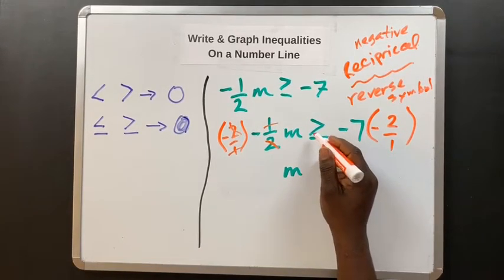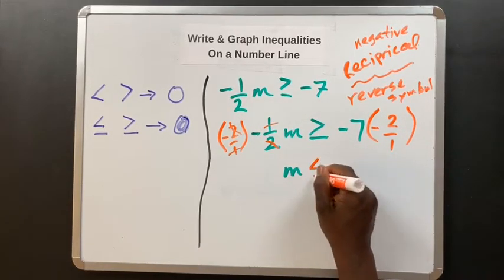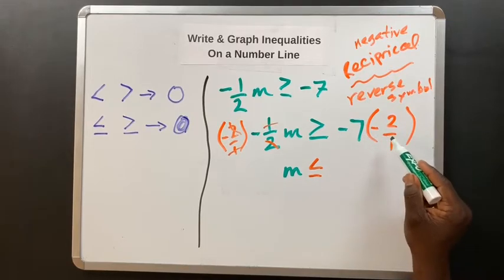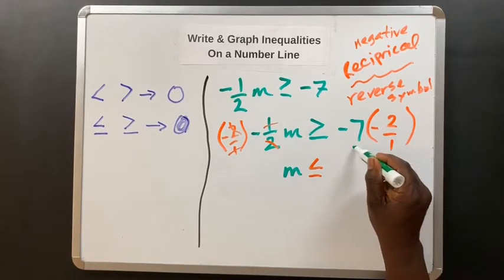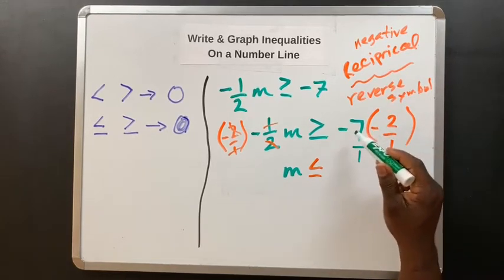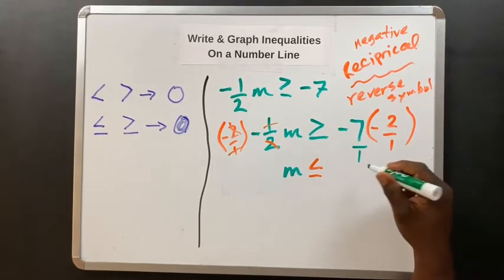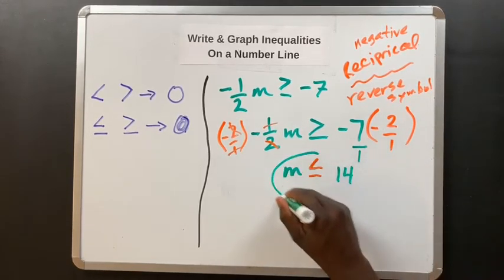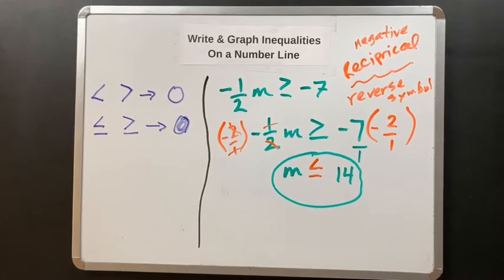So instead of writing greater than or equal to, I'm going to write less than or equal to. Less than or equal to, negative times a negative is a positive. Let's write that as a fraction. So 7 times 2 is 14. 1 times 1 is 1, so that's positive 14. That is our final answer.